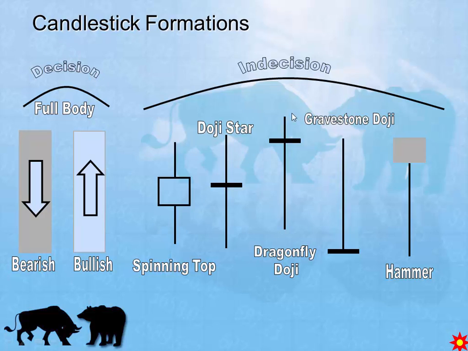Indecision candles are the ones where the market has long wicks on both sides, or on the long side. The market doesn't know if it wants to go to the upside or the downside. All these candles have a name, for example, the doji. This is an indecision candle. You can see how the market tried to go up, then tried to go down, and we'll learn how to read these.